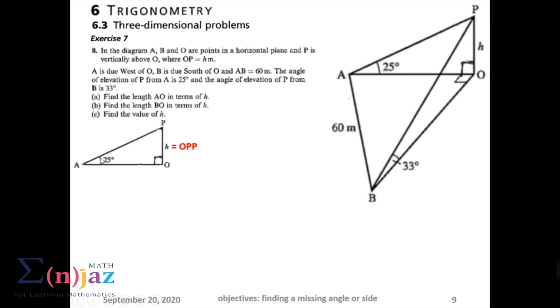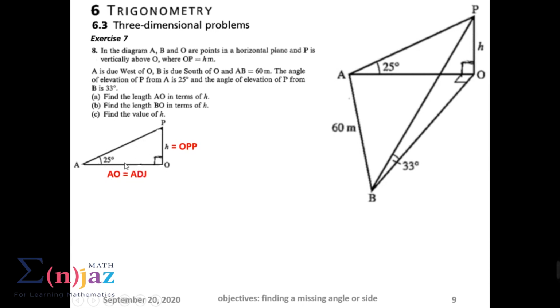According to this known angle, H is the opposite side. OA is the adjacent side, and that's what we are trying to find. PA, because it is right across the 90-degree angle, is my hypotenuse.